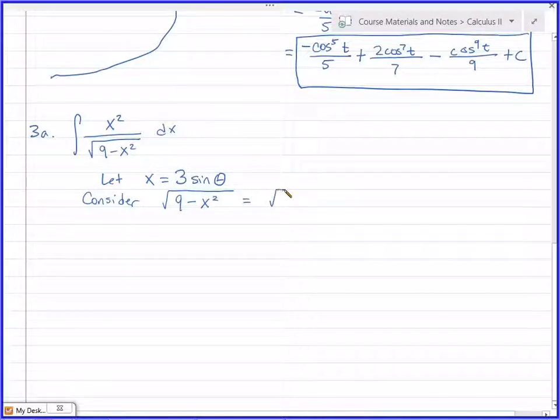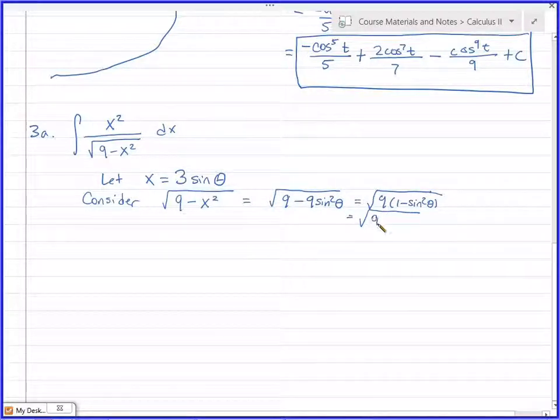With this substitution it becomes the square root of 9 minus 9 sine squared, which is now 3 cosine, right?